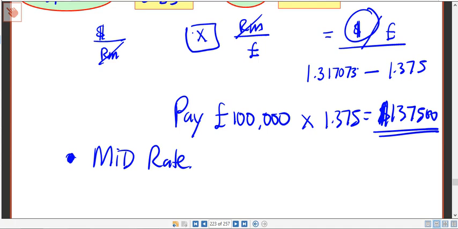Is that okay? Mid rate. Just use the mid rate and cross it. That is your backup plan. Not a perfect answer though, but something better than nothing. You just take the middle of the two rates and cross it, get the rates out and demonstrate your answers. Don't stop halfway.